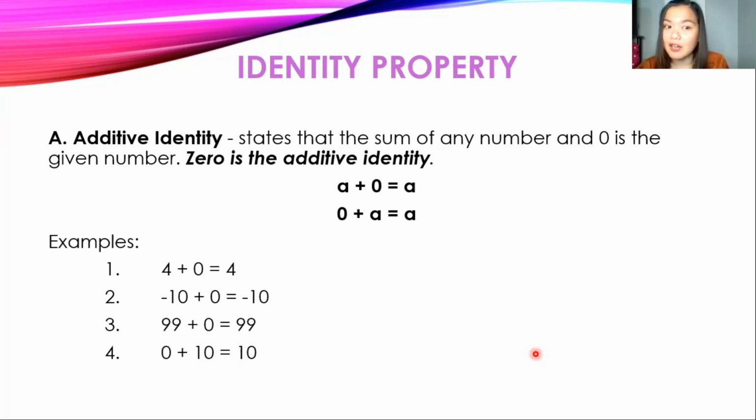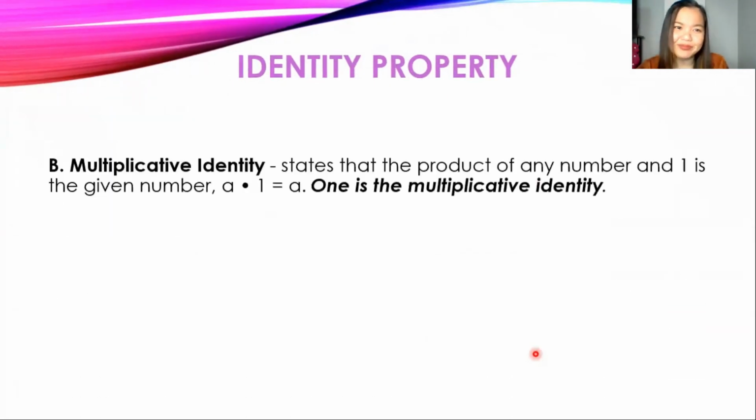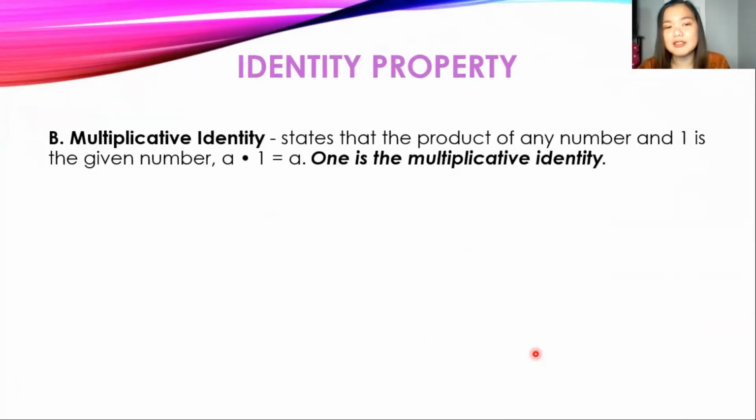How about if you have multiplication? 0 din ba kaya ang identity niya? Okay. So the multiplicative identity states that the product of any number and 1 is the given number, so that A times 1 equals A. 1 is the multiplicative identity.